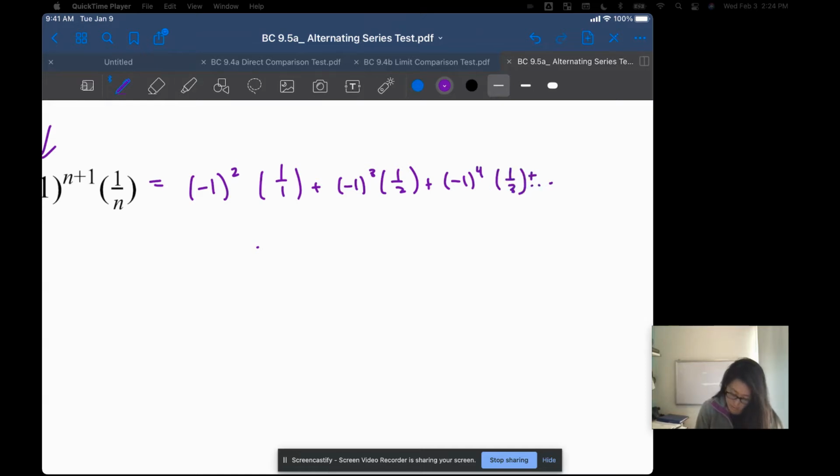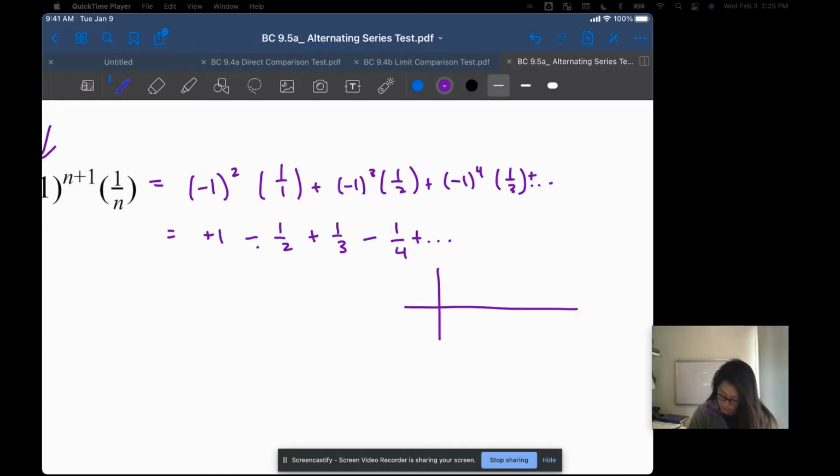Okay, so that simplifies to +1 minus 1/2 plus 1/3 minus, this is going to be 1/4. I know, surprise. So what you're doing is switching off signs, and we have the harmonic series.